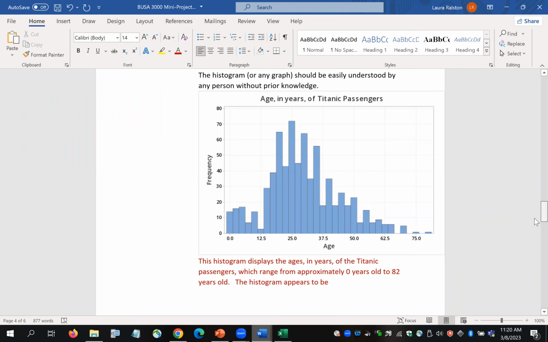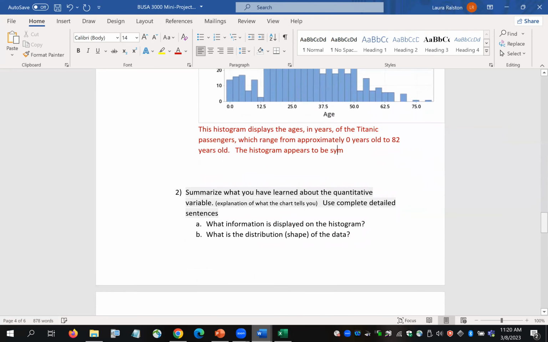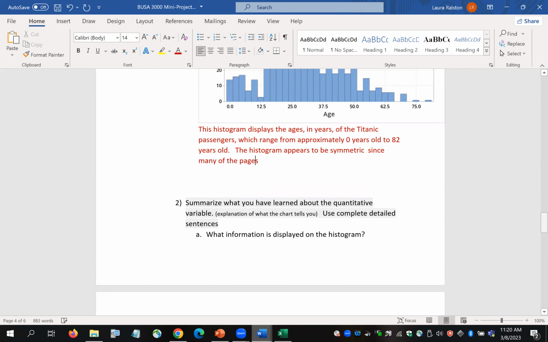I'm saying it appears to be symmetric since many of the passengers were between, you could say, what we call middle-aged.